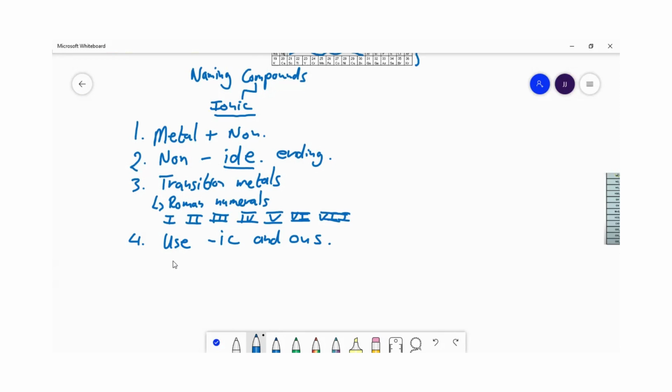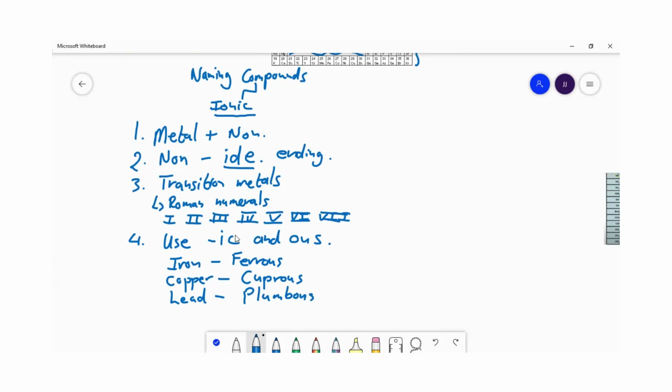So for example, iron's name is ferrous, and another example would be copper, whose ancient name would be cuprous, and lead, its name is plumbous.